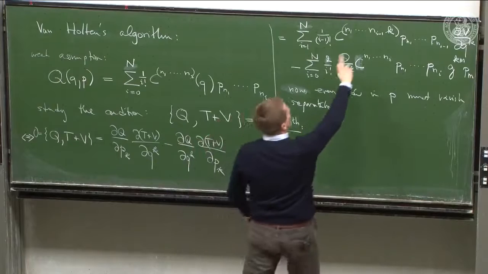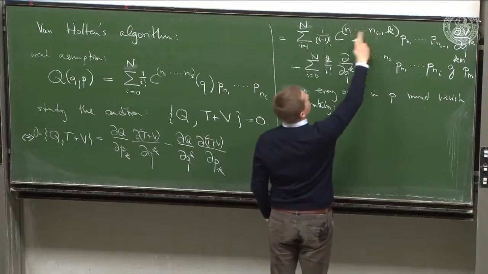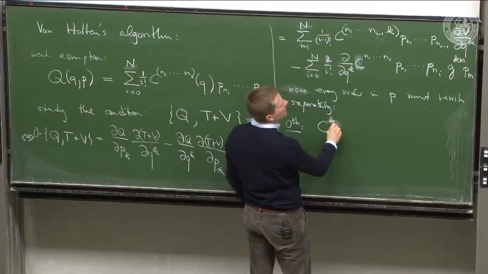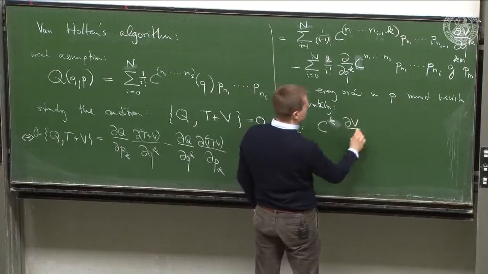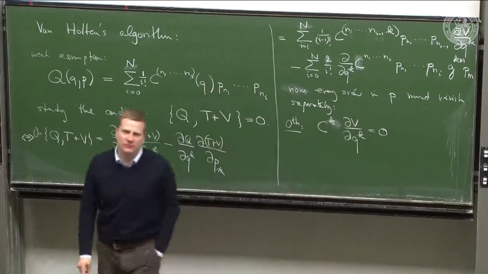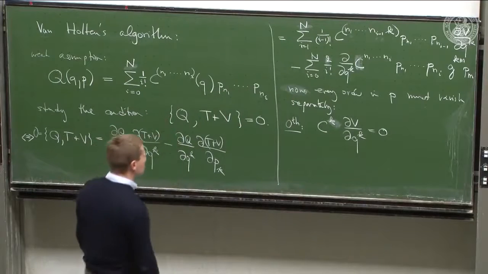Right. There is 1 left, but I minus 1 goes to 0, so none of the n's are left. The only thing that's left is a k, and that goes with the dV by dqk equals 0. That's the 0th order equation.